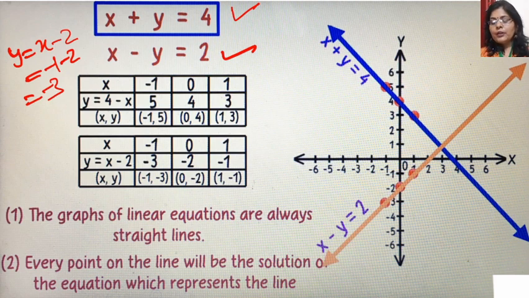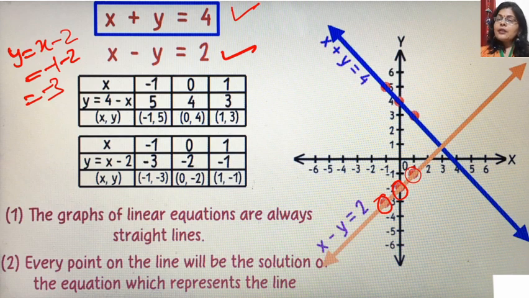Similarly, we have plotted the points, putting x equal to 0 we got 0 and minus 2. x equal to 1, we got 1 and minus 1. And again we have plotted here minus 1 and minus 3. You all know that minus 3 comes over here, and then 0 and minus 2, and then 1 and minus 1.